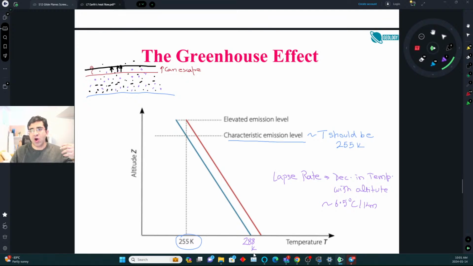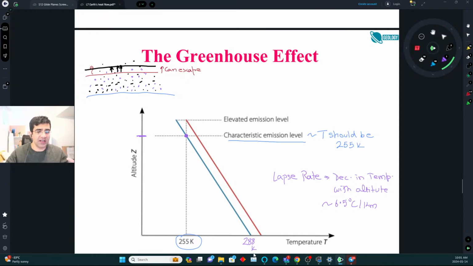Now because you have added greenhouse gases to the system, initially there was equilibrium at some height. Equilibrium will determine the temperature at this characteristic emission level.